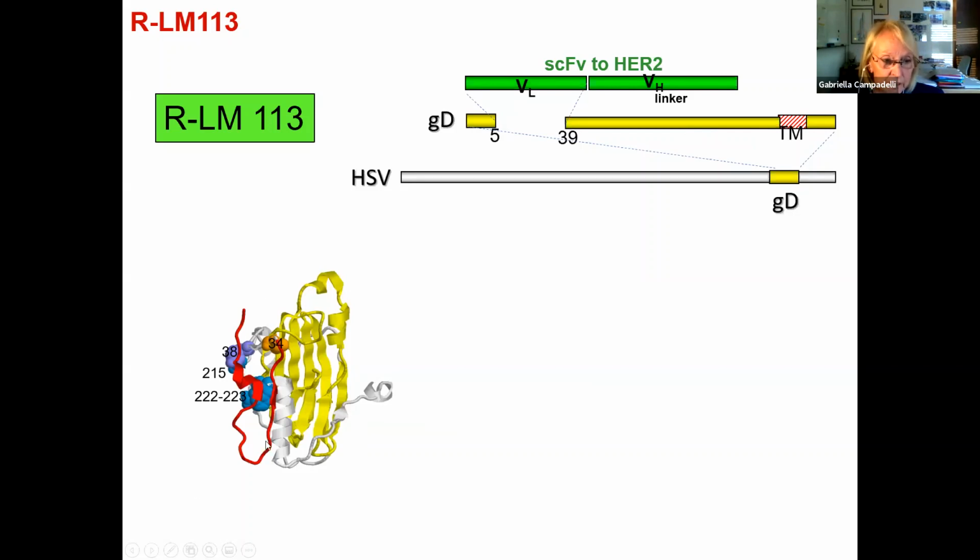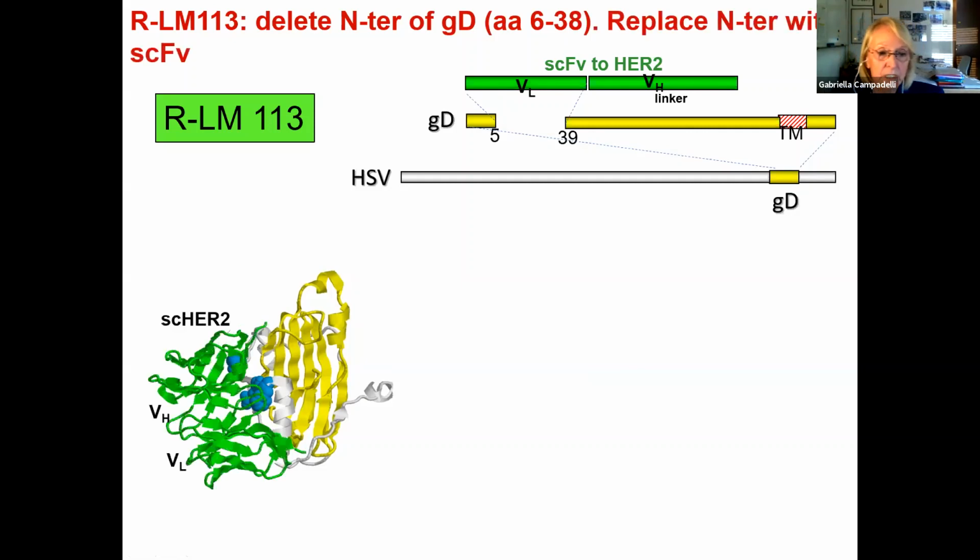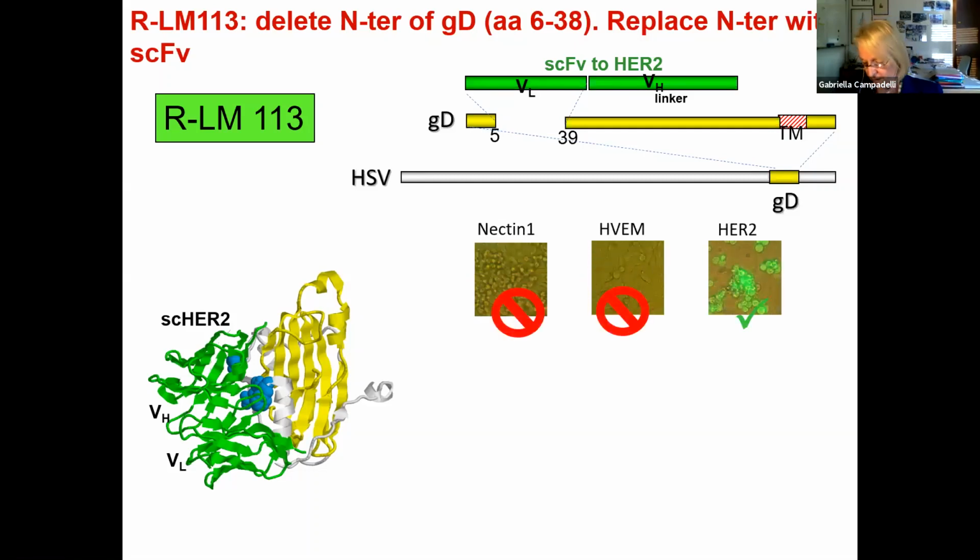We deleted the red portion, which is the amino terminal portion of gD. And now in this deleted gD, we inserted a single chain antibody, which is actually almost as big as gD. And this chimeric glycoprotein now really retargets the virus tropism.